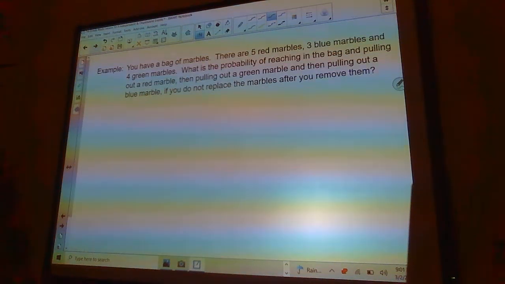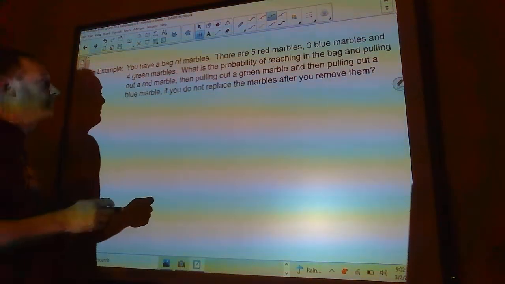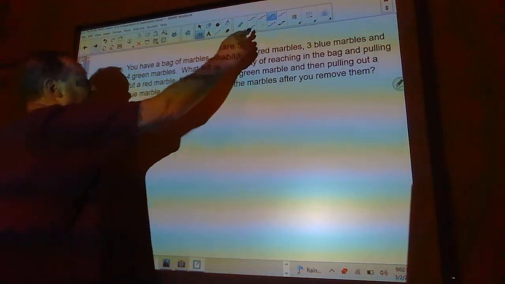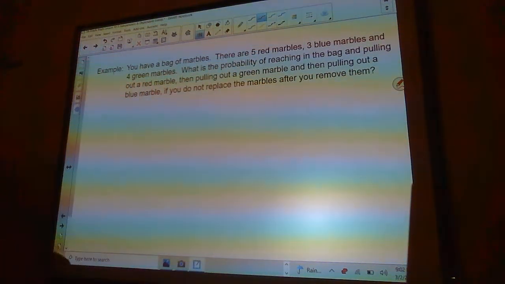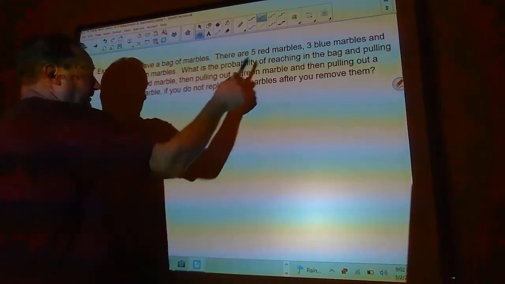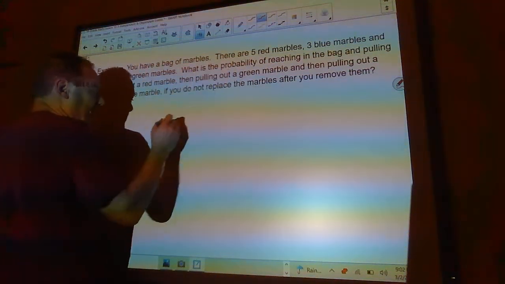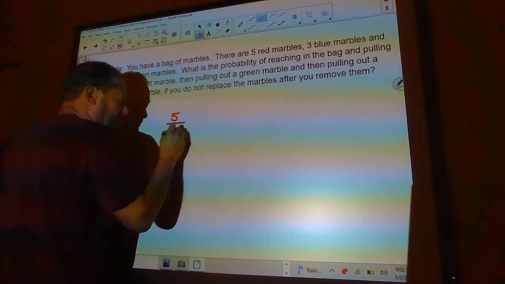You have a bag of marbles. There are 5 red marbles, 3 blue marbles, and 4 green marbles. What is the probability of reaching in the bag and pulling out a red marble, then pulling out a green marble, then pulling out a blue marble if you do not replace the marbles after you remove them? The probability of getting a red one: there's a total of 12 marbles, and 5 red ones, so that would be 5 out of 12.